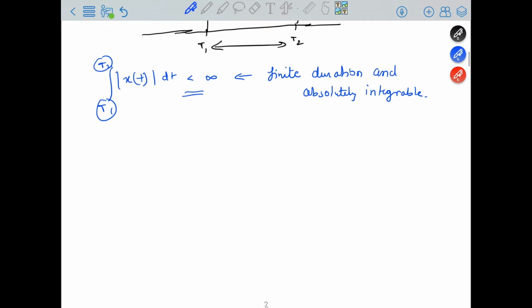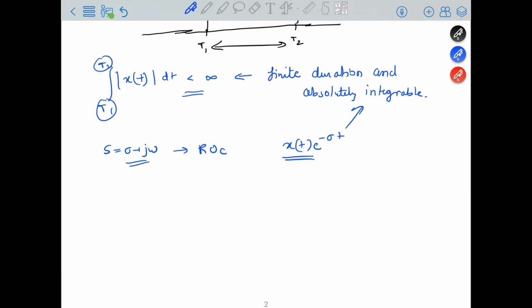Now from the definition, if s equals sigma plus j omega is to be in the ROC, we want x(t) e raised to the power minus sigma t to be absolutely integrable. We have seen that this is the Fourier transform of this, the Laplace transform, and if this is absolutely integrable, our Laplace transform is defined.